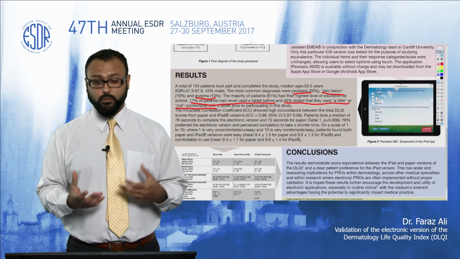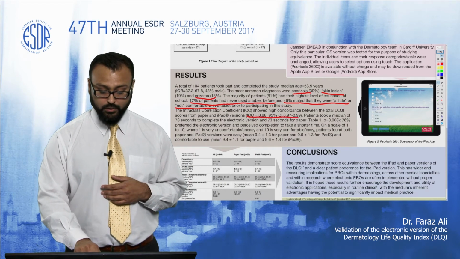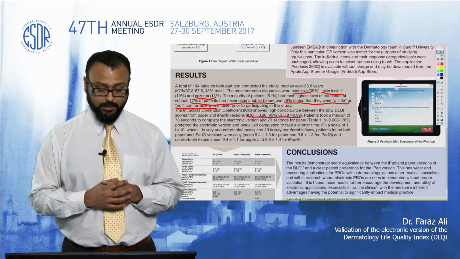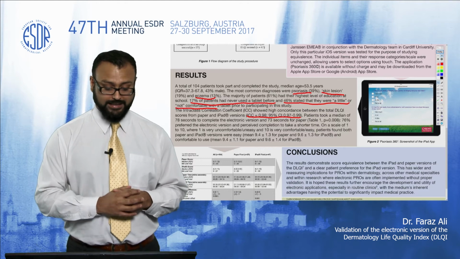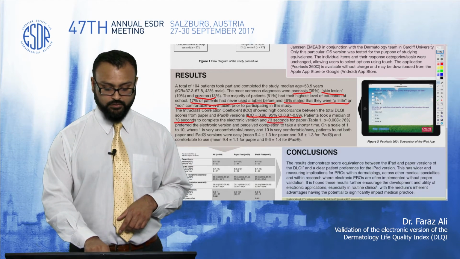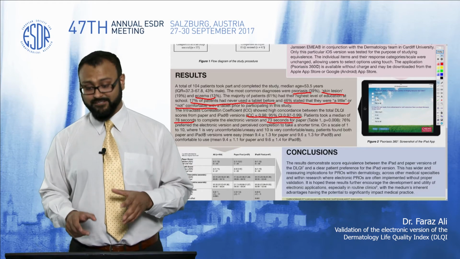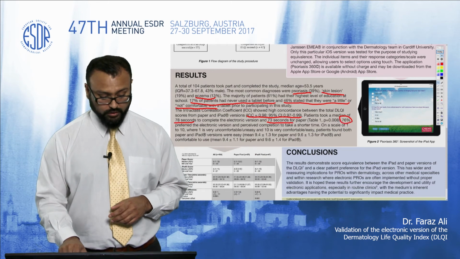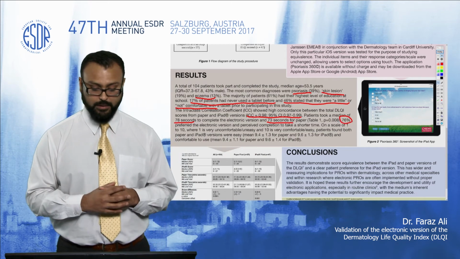But despite this, we showed a high ICC of 0.98, and there was a high concordance between the paper and the iPad versions of the DLQI. Patients on average took longer to complete the iPad version, 78 seconds, and a median of 73 seconds for the paper. Despite this, 76% preferred the electronic version and actually thought it took a shorter time than the paper version.